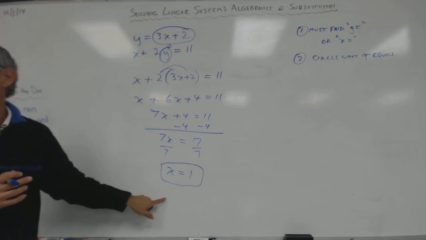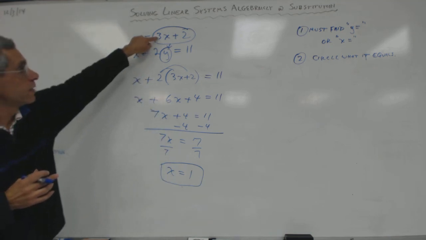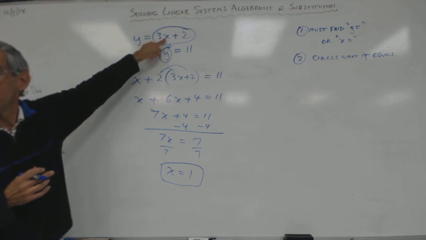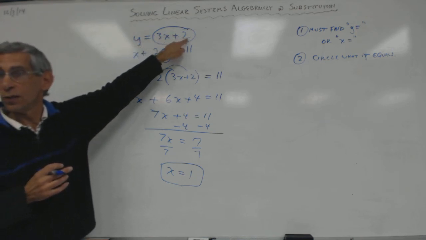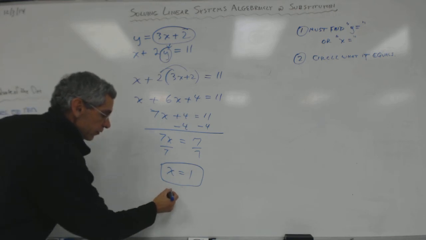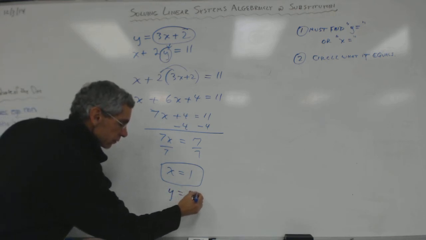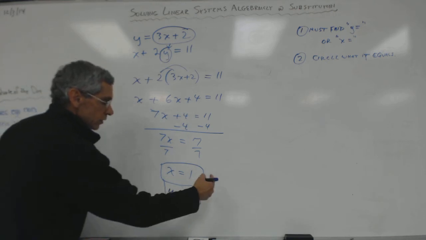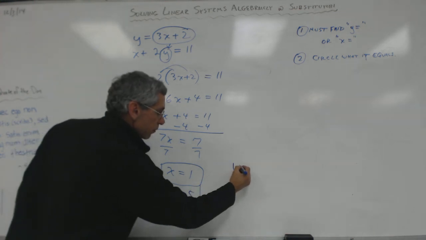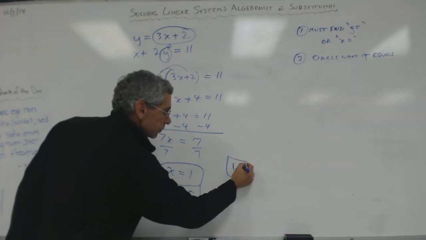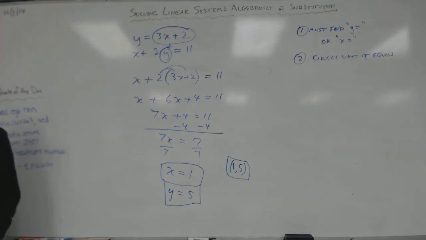So y equals 3 times 1 plus 2, which is 5. So y is 5. You could say it that way, or you could say 1 comma 5 is the answer. Yay, we did it!